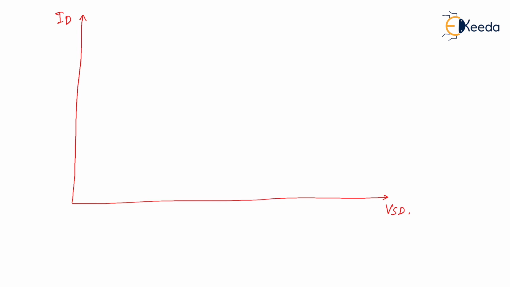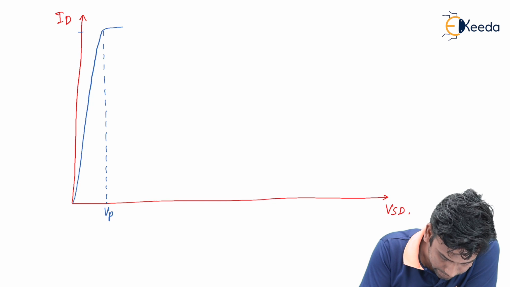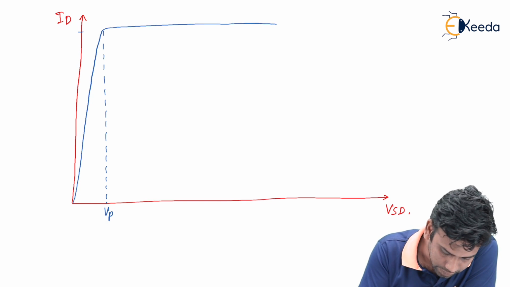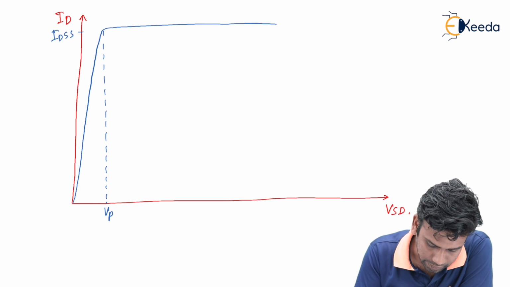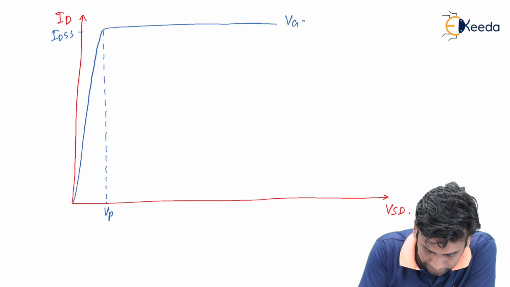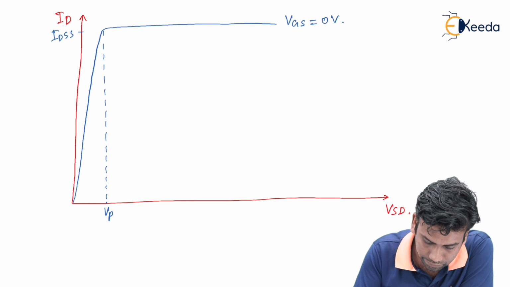So the curve will look like this. Firstly, with VSD it will increase in a linear fashion, and at VSD equals to VP this curve or ID will get saturated, and this is the IDSS value. Now this was for gate to source voltage equals to 0 volt.